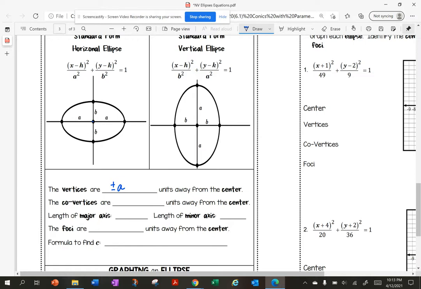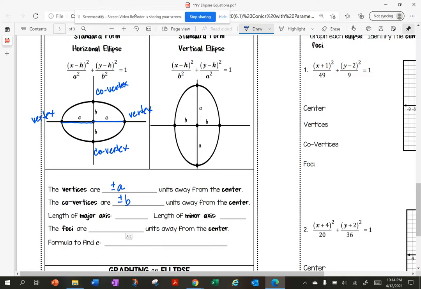So here's my center, and here's a vertex, and here's a vertex. The co-vertices are plus or minus b units away from the center. So here's a co-vertex, and here's a co-vertex. And a and b are the denominators in the equation.